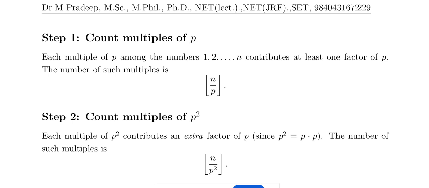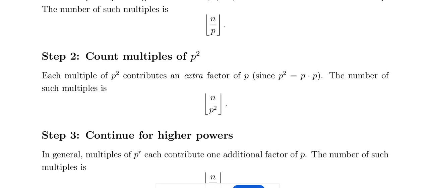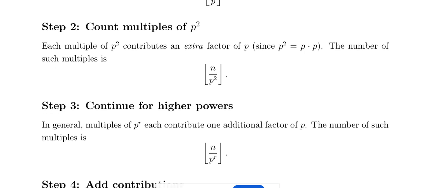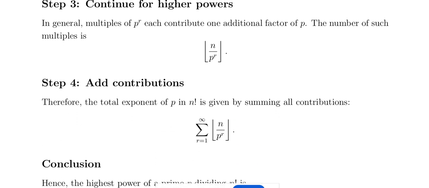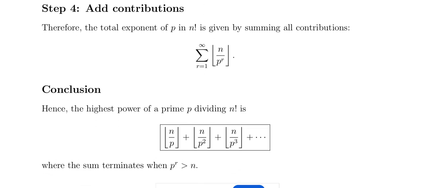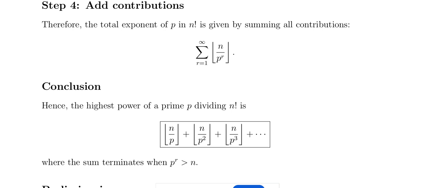Each multiple of p among the numbers 1 to n contributes at least one factor of p. The number of such multiples is the greatest integer of n by p. In the same way for p square, the number of such multiples is n by p square. Adding the higher powers n by p power r, we get the total exponent of p in n factorial, which is the summation of n by p power r.